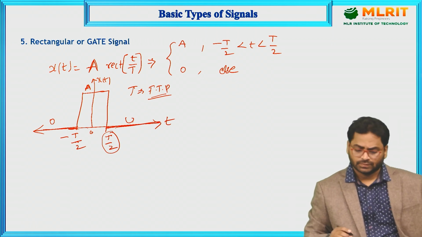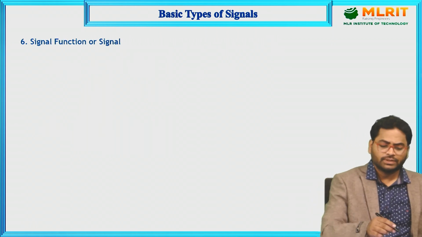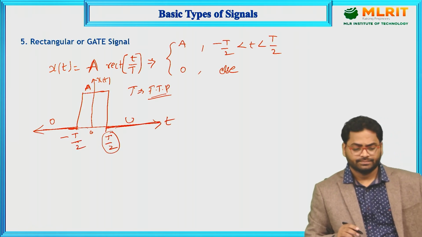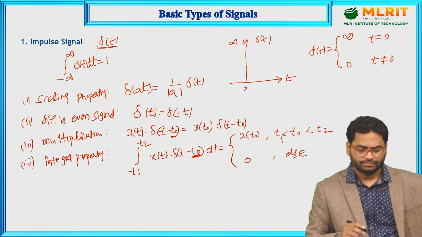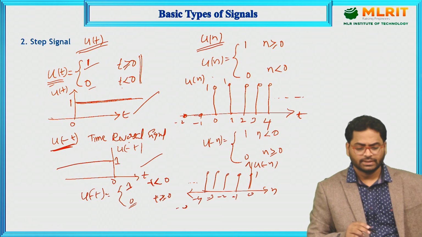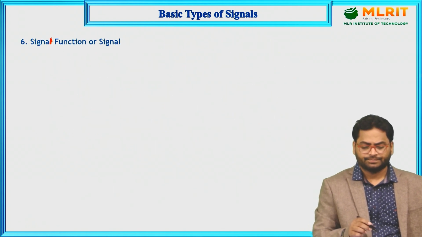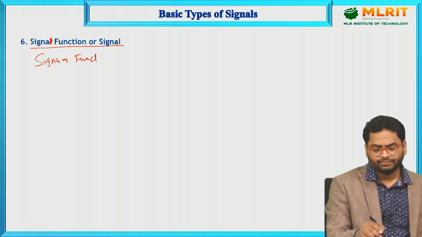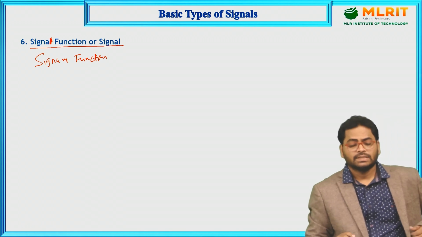Okay. So next, this one is not a signal, it is a signum function. After rectangular, it is a signum function.